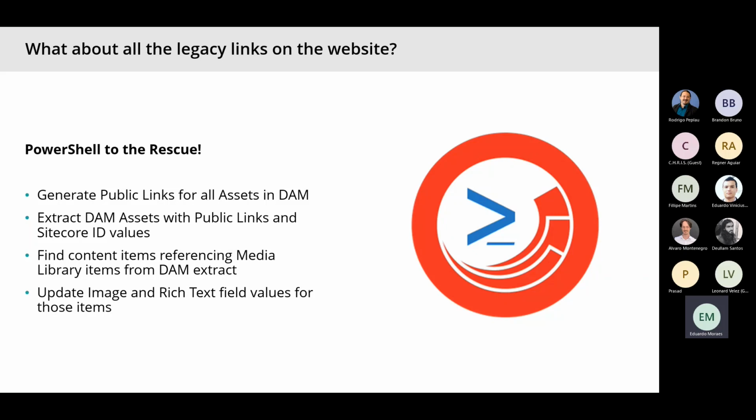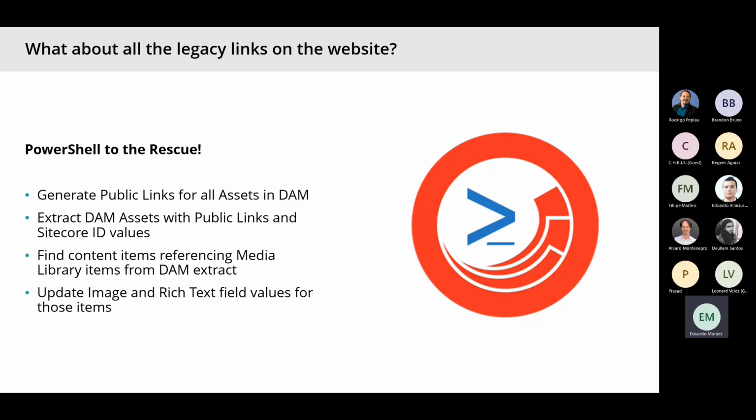On top of that, you can also use PowerShell to later update all the internal links for the media assets in your Sitecore instance, because after you have migrated everything from Media Library to Content Hub, your Sitecore content pages are still pointing to your Media Library items. So now you need to update rich text fields, image fields, and any link fields pointing to your legacy Media Library.